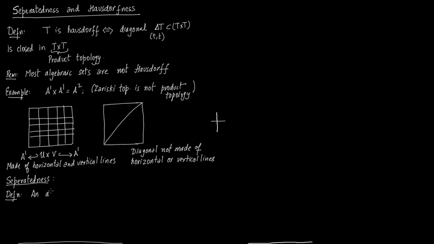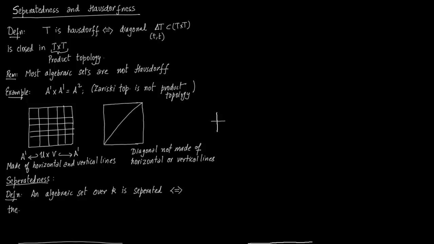An algebraic set, defined over some closed field K, is separated if the diagonal is closed in T times T as an algebraic set.